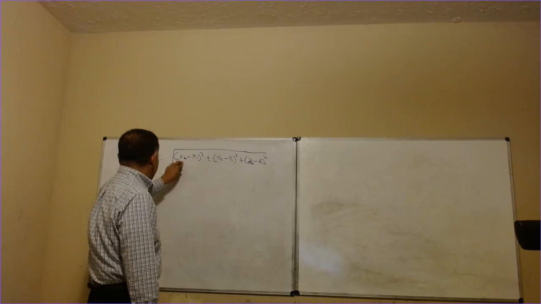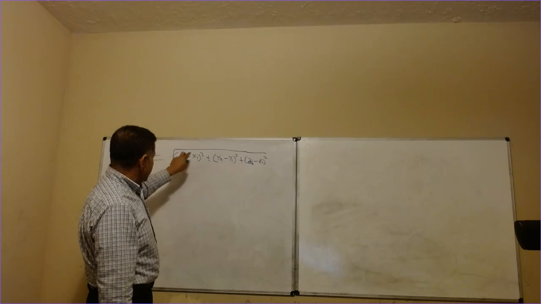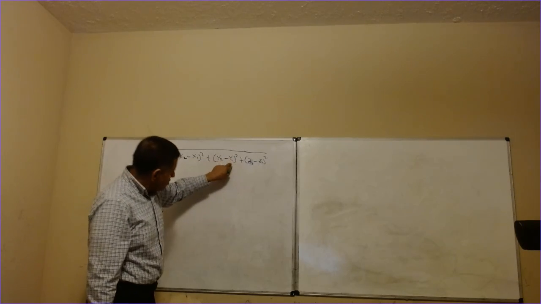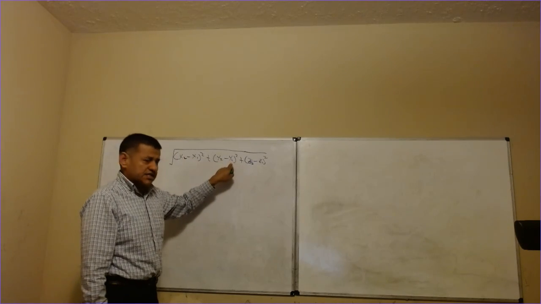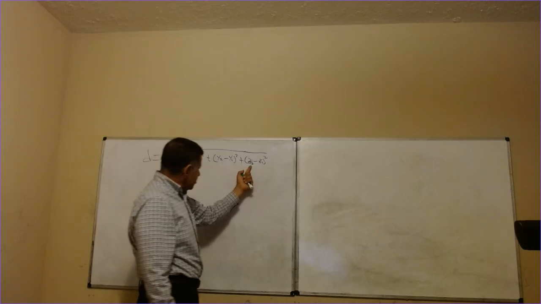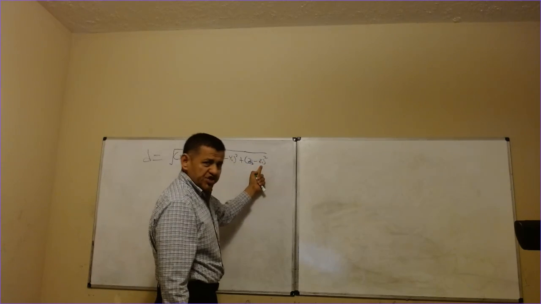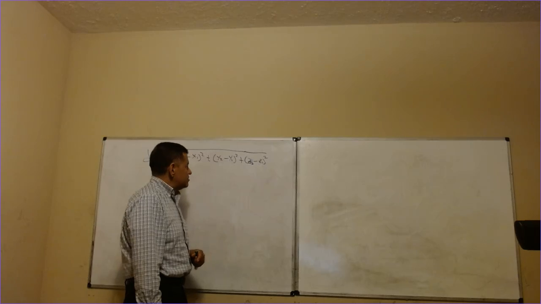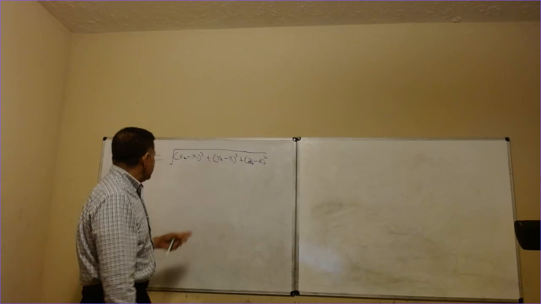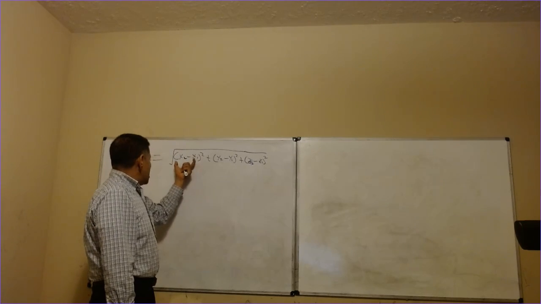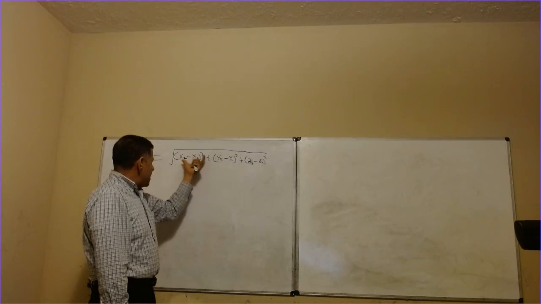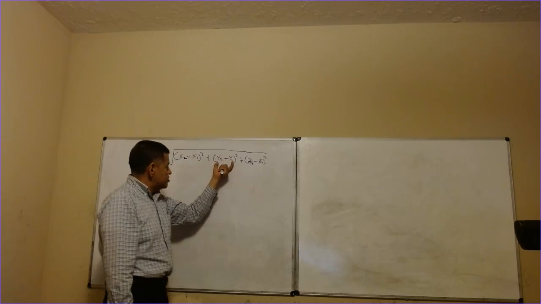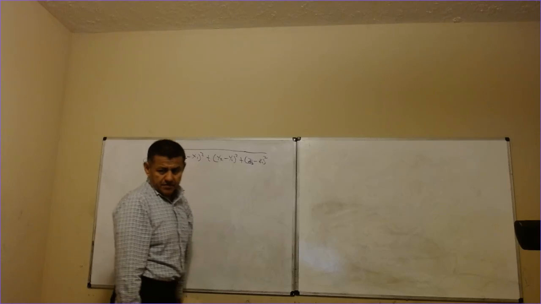So final x2 minus initial x1, y2 minus y1, which is y initial, z2 minus z1, which is z initial. In other words, final point minus initial point, squared.